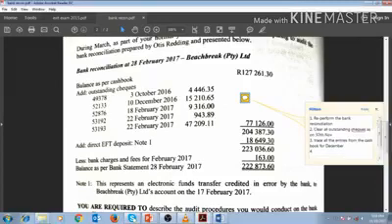The fourth one that I'm going to do, I'm going to inspect the bank statement and cash book for any unmatched items.